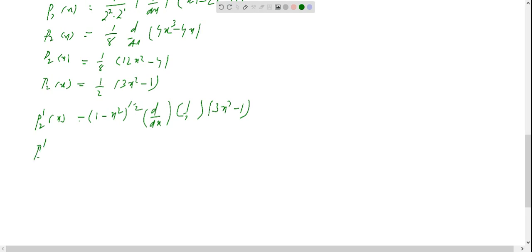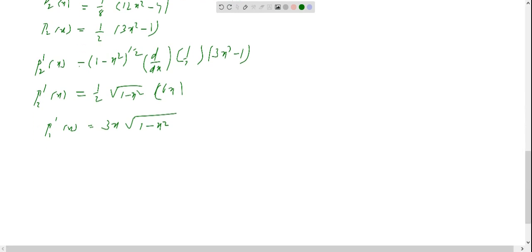Therefore this becomes equal to 1 out of 2 root of (1 minus x square) into 6x. So P_2^1(x) equal to 3x root of (1 minus x square).